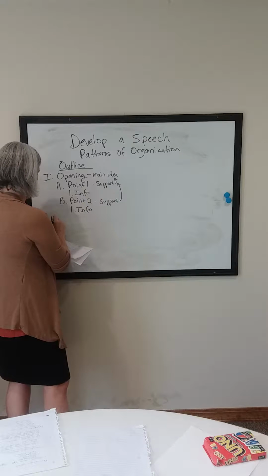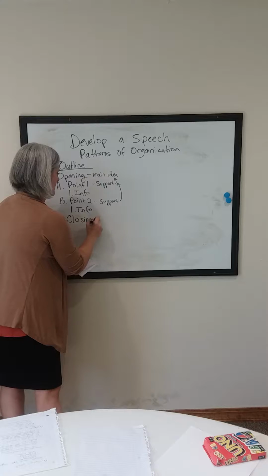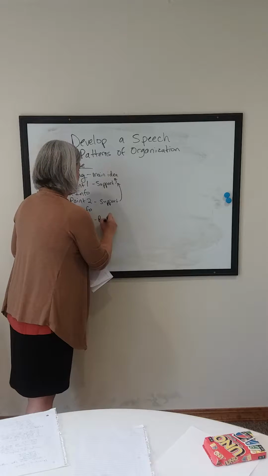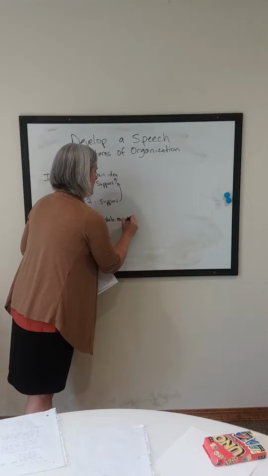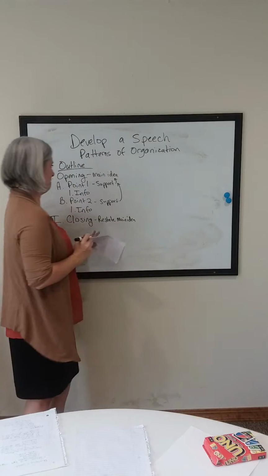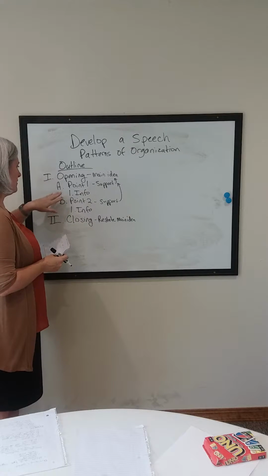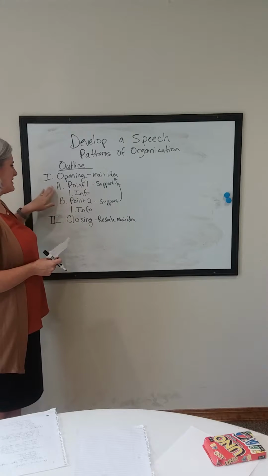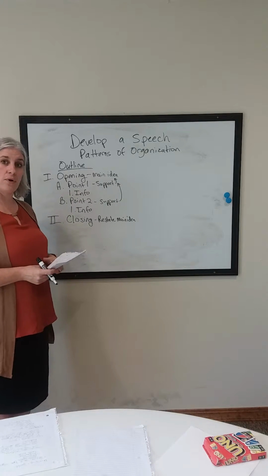And then you will have your closing. Now in your closing, you're going to restate your main idea, okay? So you can kind of see it's the Roman numeral 1, A1, B1, Roman numeral 2, all right? And as I said, you can have more of these in between, but this is one way of organizing a speech.